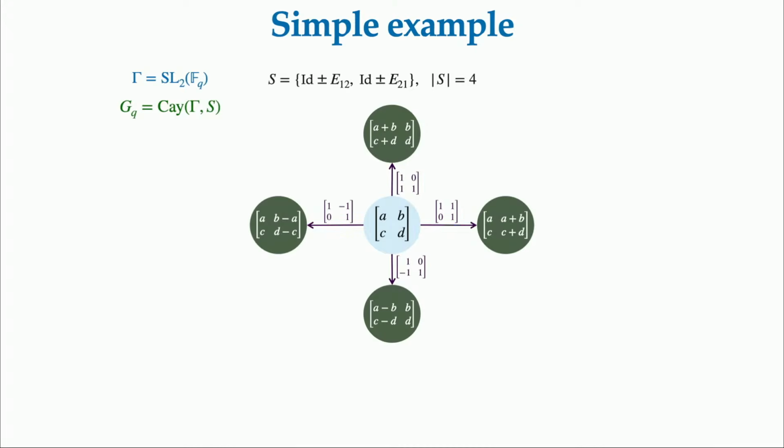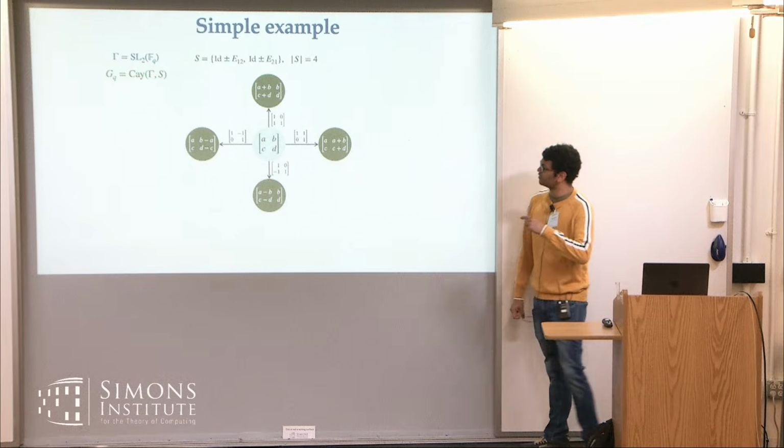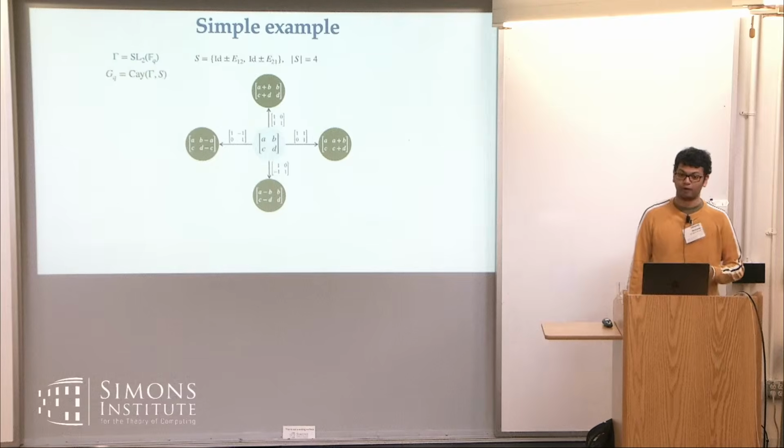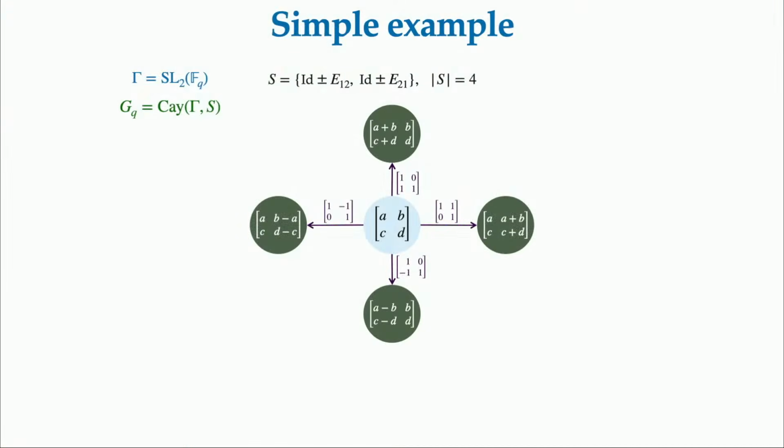And the way I'm going to define this 4-regular graph is I'm going to literally pick 4 matrices. And the 4 matrices are the ones marked with the arrows here, which is ones on the diagonal and then a plus or minus 1 entry off the diagonal. Okay, and then I connect 2 matrices with an edge if I can take one of those matrices and make a move, where a move is to multiply the matrix with one of these 4 generators on the right.